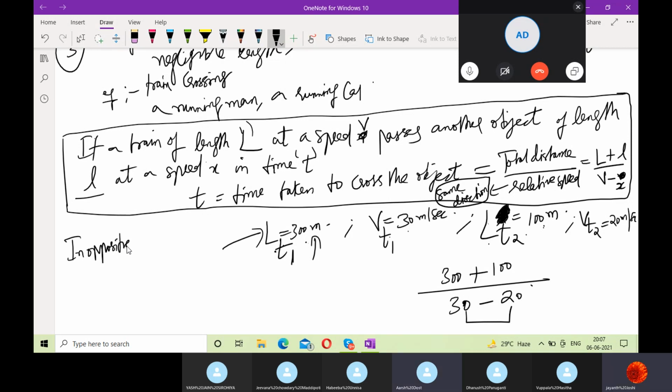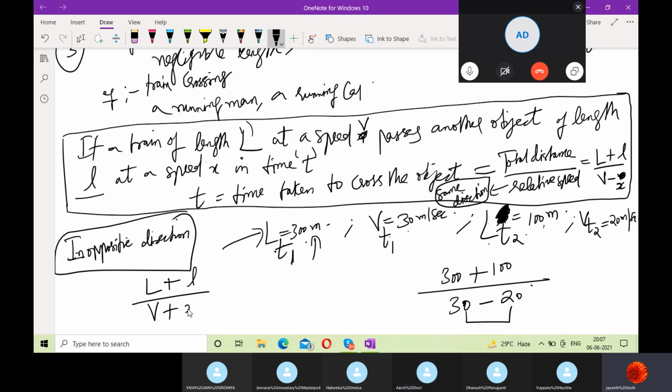in opposite direction, the same formula, if I give you in case of opposite direction, the formula would change into length of the train 1 plus length of the train 2, which is small l as per the above statement, divided by speed of the train 1 plus speed of the train 2 if it is in opposite direction.